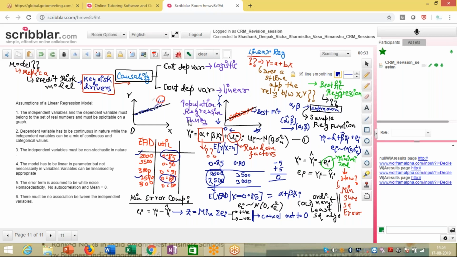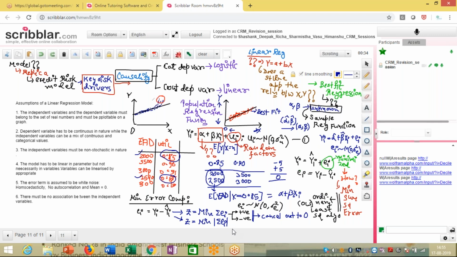Now if sign is the problem, an easier way to solve this would be to consider Z equal to minimize the modulus of the summation here.